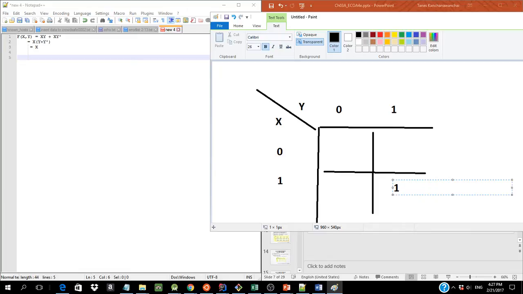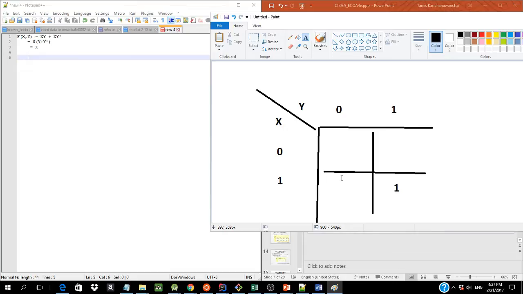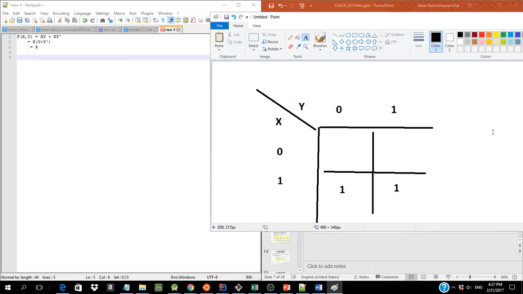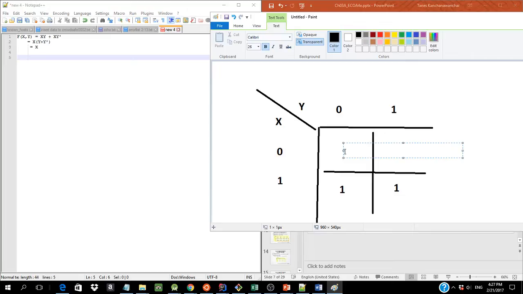Now what's our next minterm? x1, y0. Where is it? Right there. That's another minterm. And the rest are 0. You can put 0 or you can just not put anything, let's assume 0.